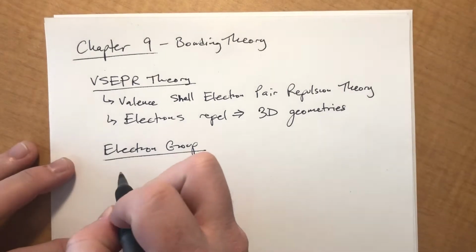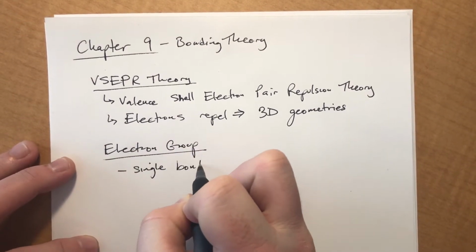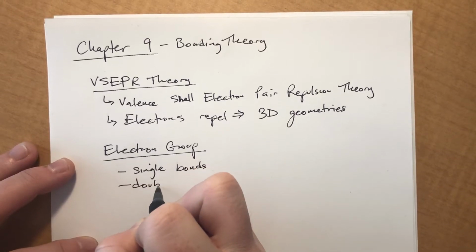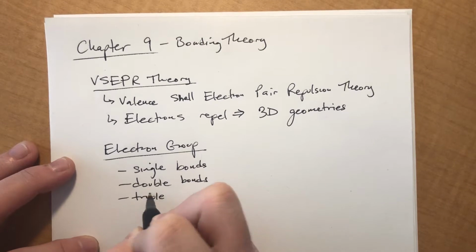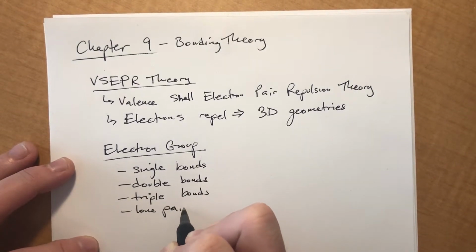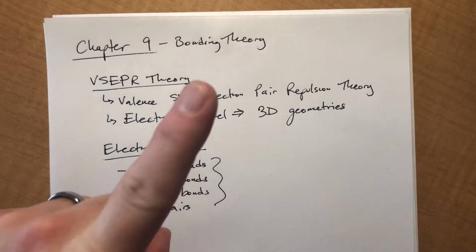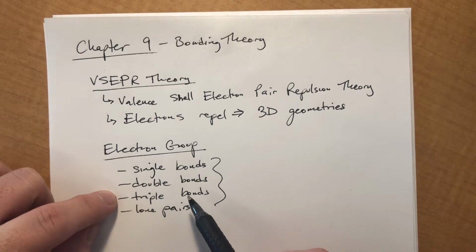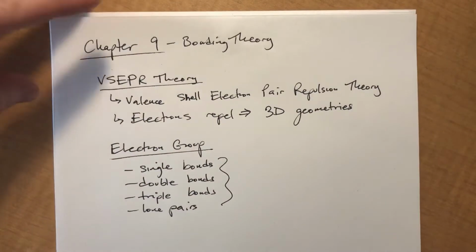An electron group counts as single bonds, double bonds, triple bonds, and lone pairs. Each of these counts as one group. I'm fully aware that triple bonds have 6 electrons and single bonds only have 2, but we count it as one group.